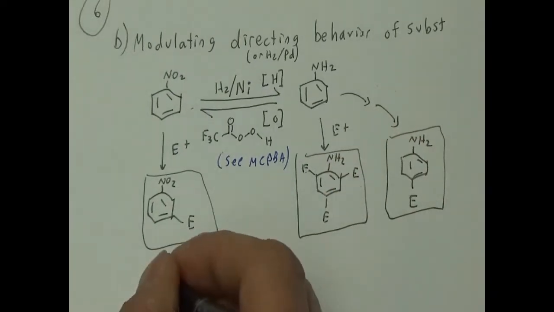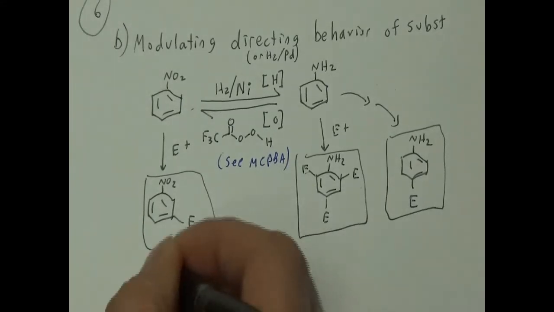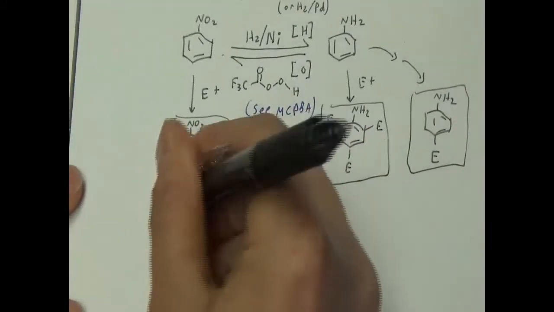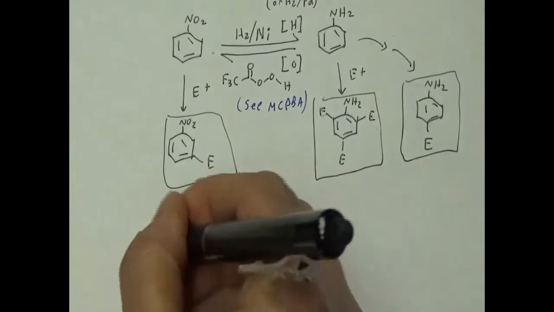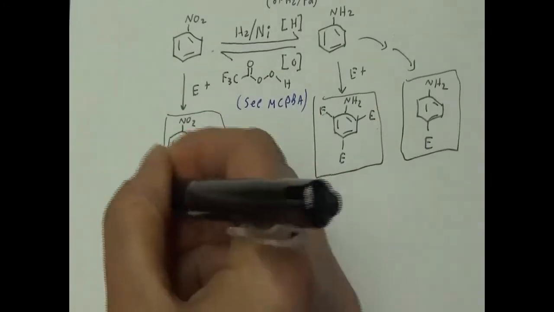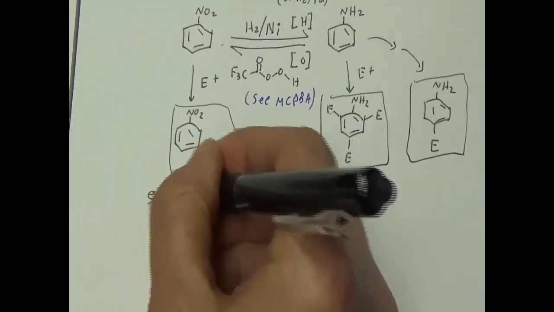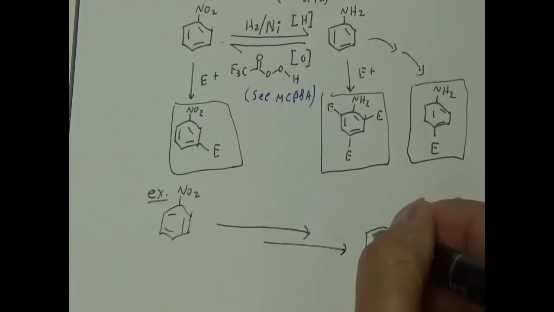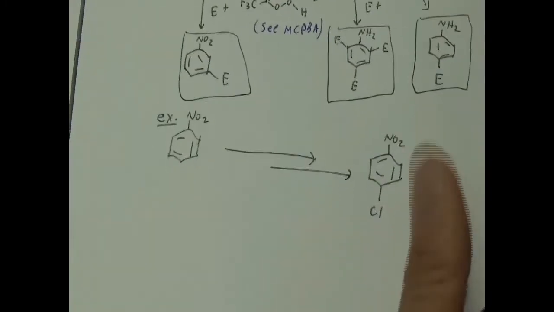what if I want to take nitrobenzene and convert it to 4-chloronitrobenzene? Alright. I want to do this.